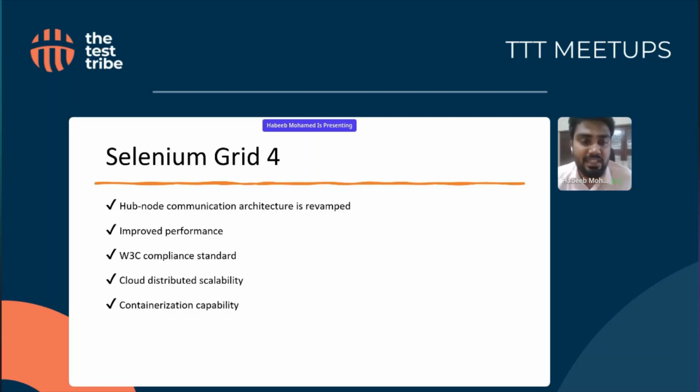Because Selenium Grid 4 is currently live, its architecture is revamped, and it has very good performance compared to the previous versions, and it is also compliant with the W3C standards now. Moreover, Selenium Grid now comes with cloud distributed scalability as well as containerization capability. These are the main reasons why we'll be working with Selenium Grid 4.